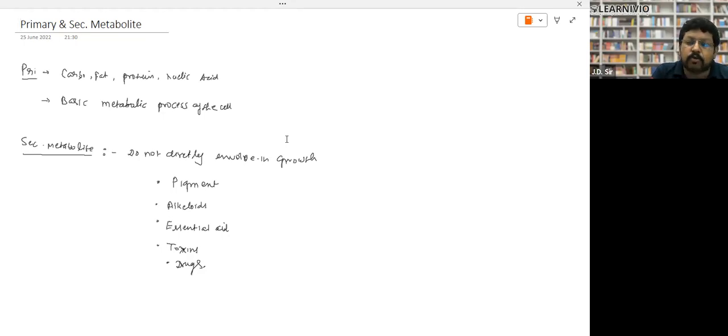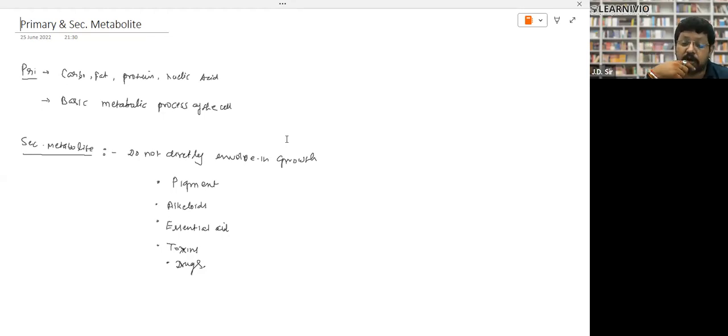Secondary metabolites do not directly participate in any metabolic reaction. Sometimes they have a different purpose. If secondary metabolites are absent, the cell will survive. But without primary metabolites, the cell cannot survive, because primary metabolites are organic compounds which directly participate in reactions.